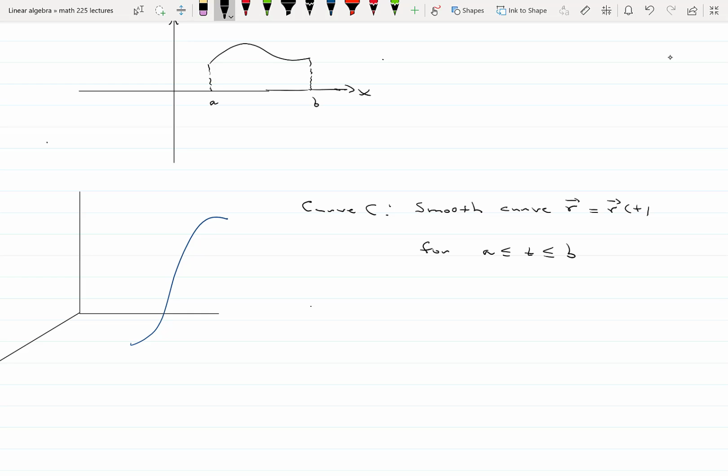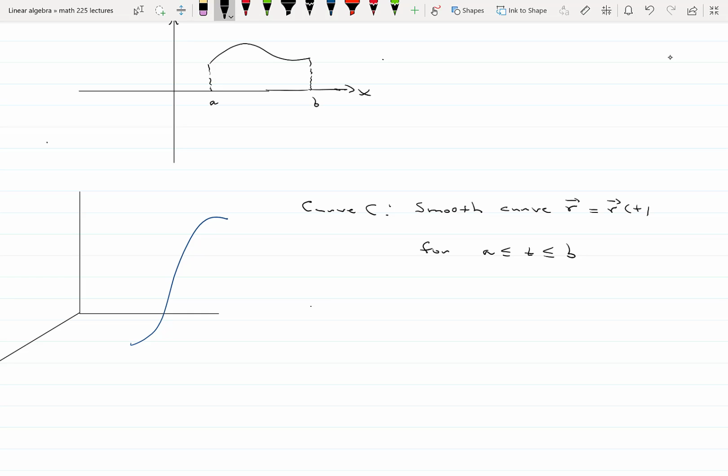Essentially, smooth curves are curves that don't have any sharp edges. Even more precisely, smooth curves are curves that have a continuous tangent vector. So the tangent vector doesn't make any wild turns. If the tangent vector doesn't make any wild turns, then the curve won't have too sharp of edges, and we'll call it smooth. The smoothness can be made much more rigorous, but since this is a course in computational calculus, we're not going to be too concerned with the fine details of smooth curves.